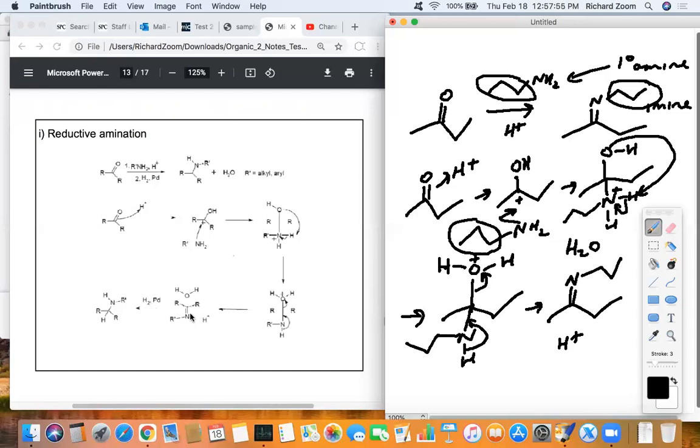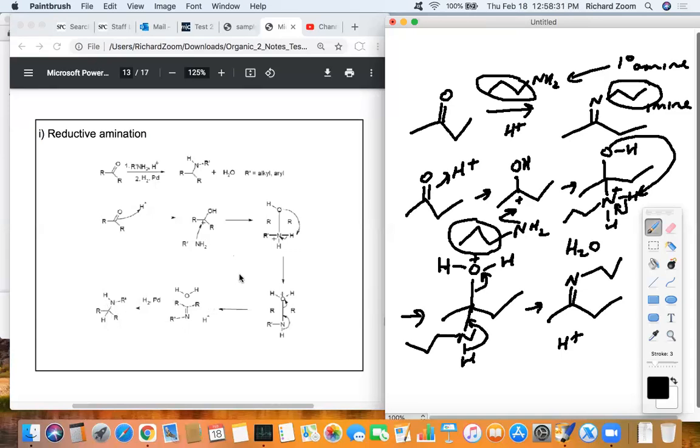It will take a C double bond N and change it to an NH with another H. So this is a way that we can actually make amines, specifically secondary amines, if we're being completely honest here. As long as you start with a primary amine, you can make a secondary amine with one extra step, by treating that with hydrogen palladium, taking the C double bond N out and putting 2 hydrogens on it.